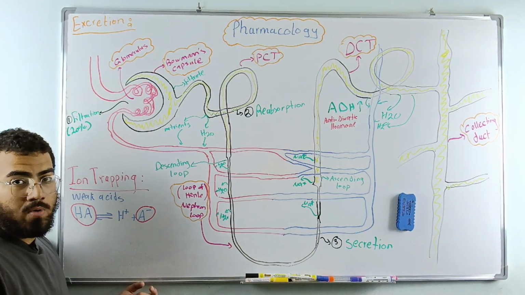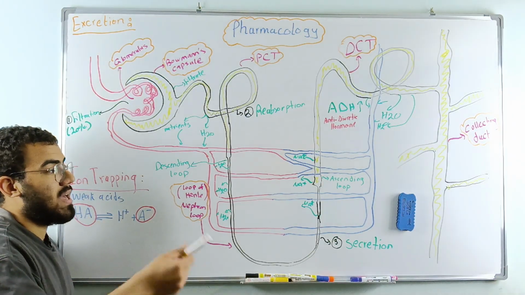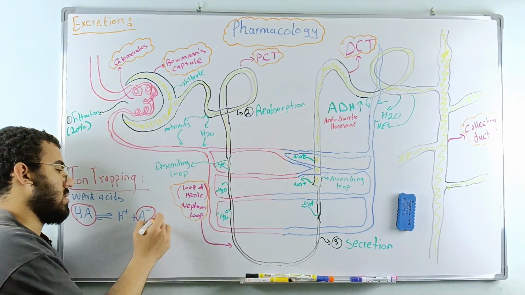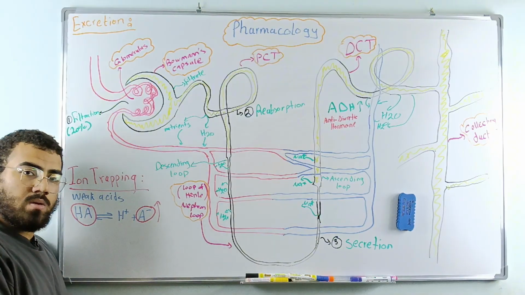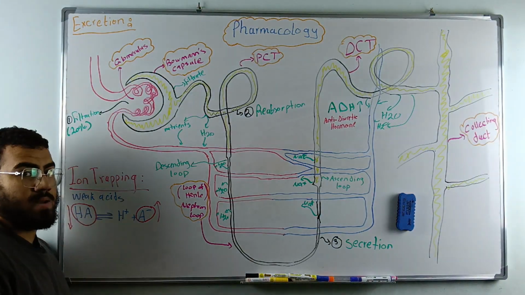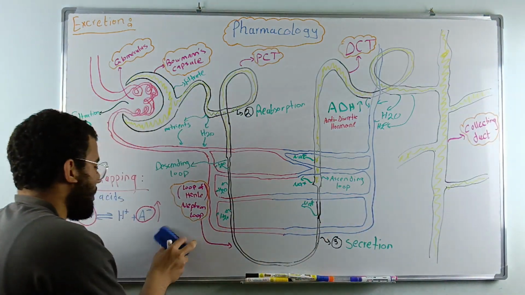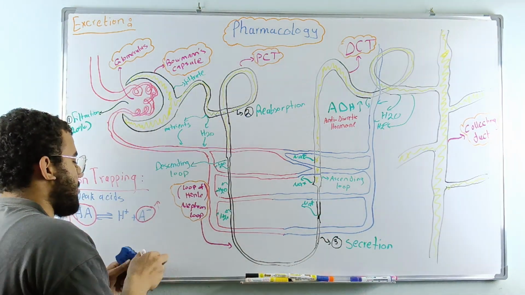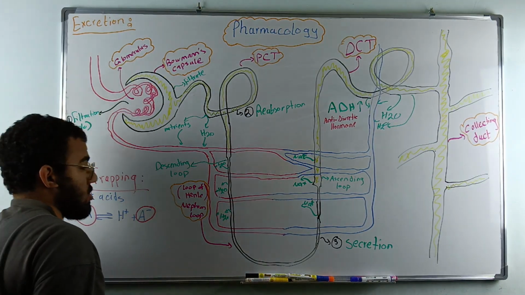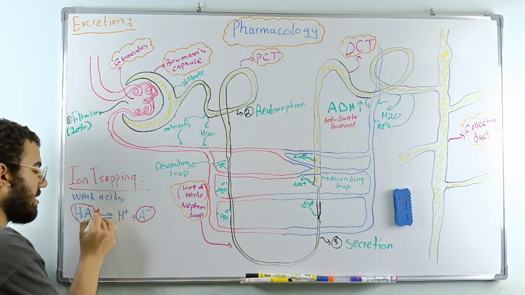So what do you do now? What you need to do is prevent it from getting reabsorbed and get it excreted by keeping it inside the tubules. So you increase the polar part so it doesn't get reabsorbed easily. How would you do that? By following Le Chatelier's principle, the principles of equilibrium chemical equations. We simply need to shift the reaction.